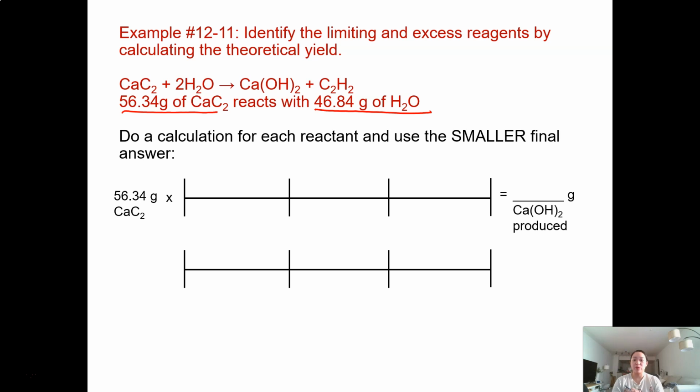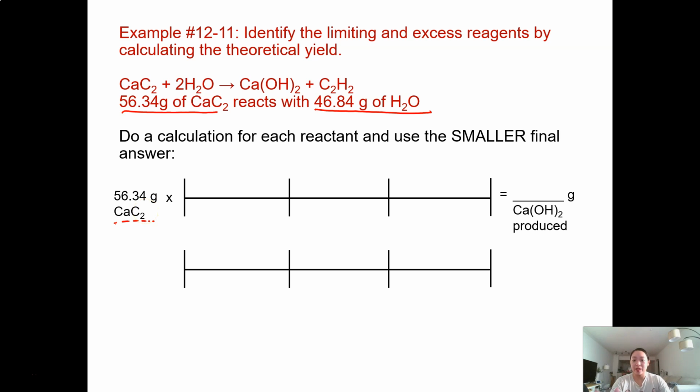I start with my first reactant, which is calcium carbide. Now this calculation answers the question: if I were to use up the entire 56.34 gram of calcium carbide, how much of this product, calcium hydroxide, would I get at the end?